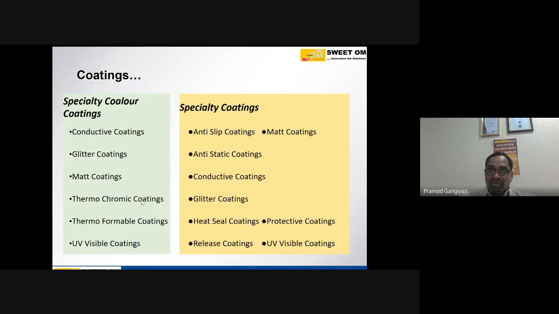So you can withdraw 7 times. You cannot withdraw it 8 times. So we make this thermochromic coating so that the label starts out yellow. The moment you take it out, it will become orange.